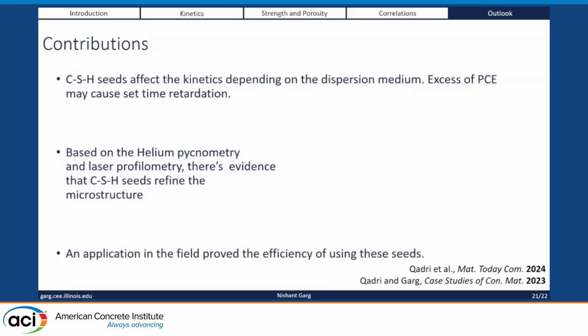Finally, we did implement this in the field, which does prove their efficiency, but I should caution you that at the end of the day, the improvement is on the order of 15 to 20%. If you're looking for 50%, 70% improvement in strength, you do need something a bit more potent, and this is where maybe alkanolamines and some of these other admixtures could play a role. But at this level of 15 to 20% increase, they reasonably work.